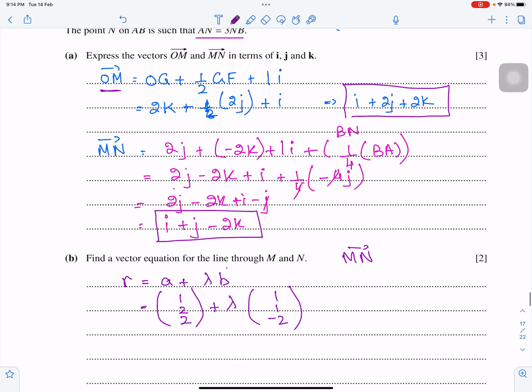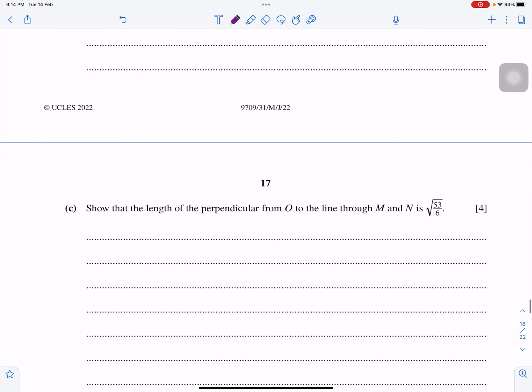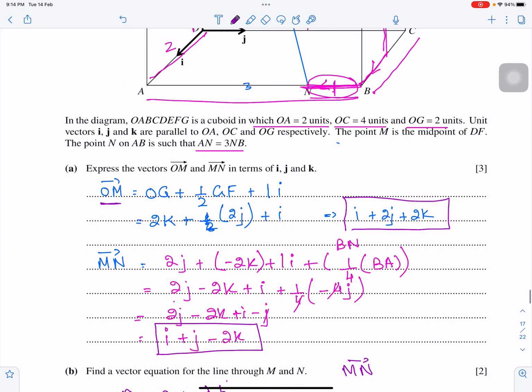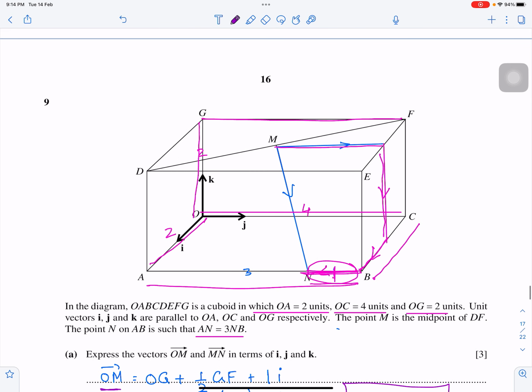After that, the question is saying, show that the length of the perpendicular from O to the line MN is this. Let me erase this part so that I can explain it on a clean diagram.